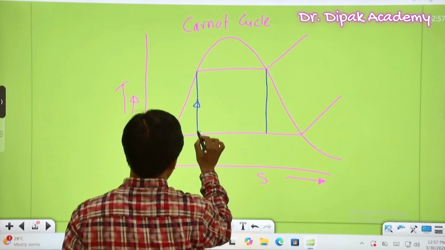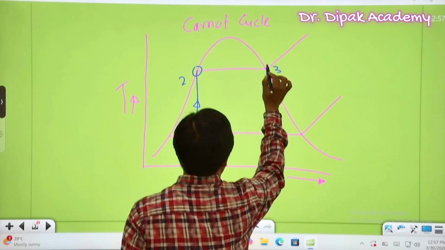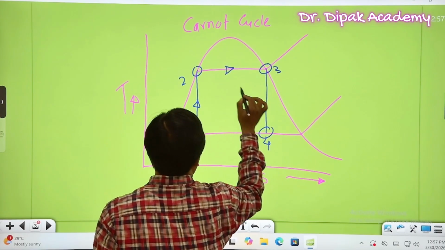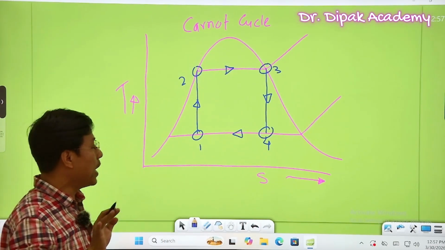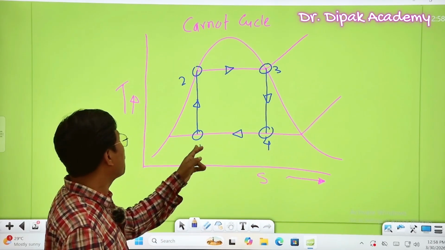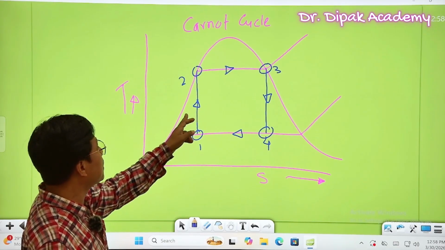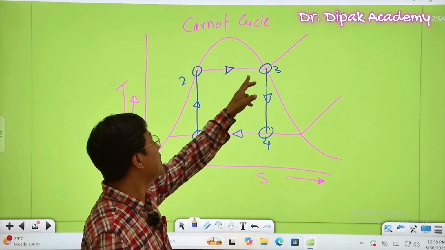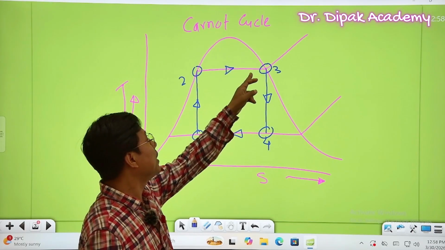So this is 1, this is 2, this is 3, this is 4. Process 1-2 is the reversible compression process.